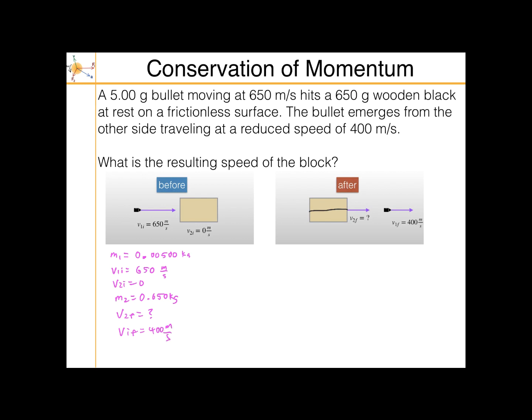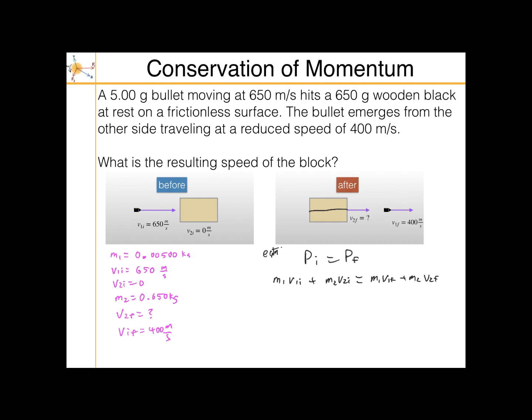So we have everything we need, and the equation we're going to use is P initial equals P final. The total momentum before is going to be the total momentum after. So it's M1 V1 initial for the bullet, plus the initial momentum of the block, M2 V2 initial, which is 0 because the block is initially at rest. Then at the end it's M1 V1 final for the bullet plus M2 V2 final for the block.